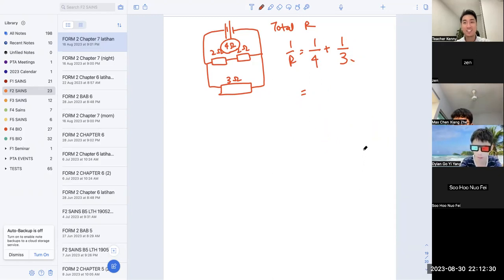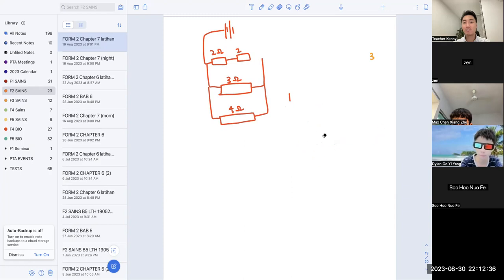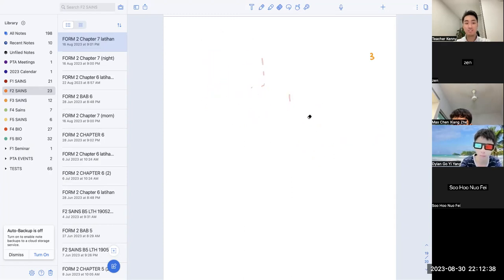Level 3. This one, I let you go home and figure out yourself. Are you ready? Okay. I'll screenshot it. All right. Ready? Calculate the total resistance of this circuit.